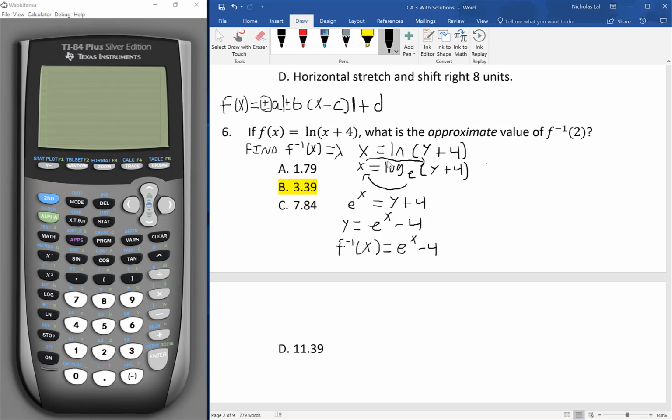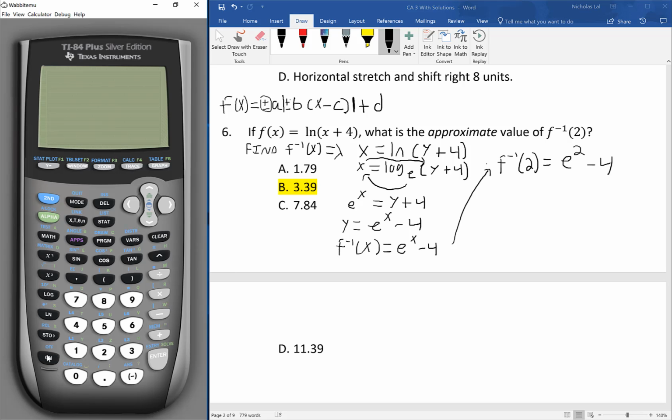So we need to have the inverse of 2. In this case, the inverse of 2 would be equal to e to the 2 minus 4.